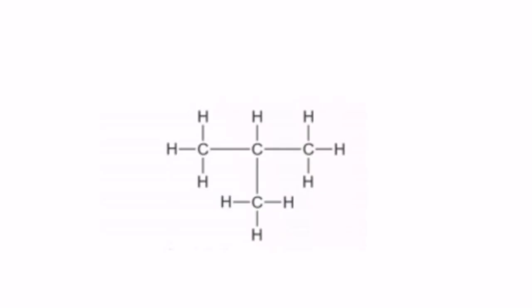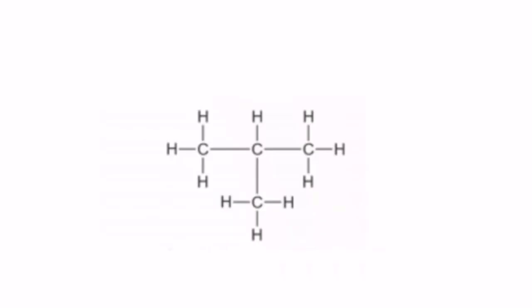We start on the side where it is easier for us to find the branch. When you start either from the left or the right, the branch is in carbon number 2. So it is important that whenever you start naming the structure, you start with the branch.